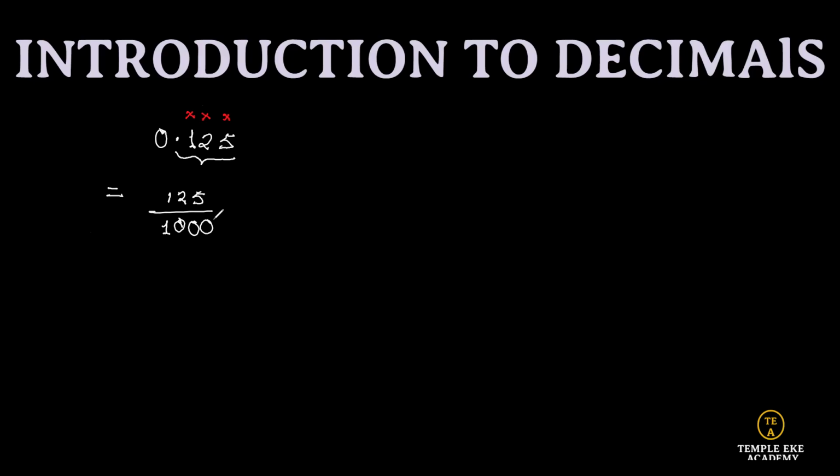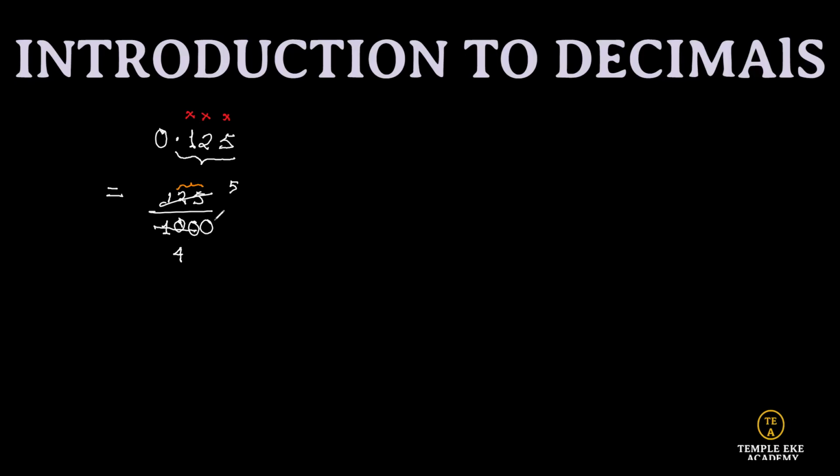This is the fraction that actually represents 0.125, but we can reduce it to its simplest form. When a number ends in 2 and 5, it means 25 can divide into that number. 25 divides into 125, that's 5 times. 25 divides into 100, that's 4 times.